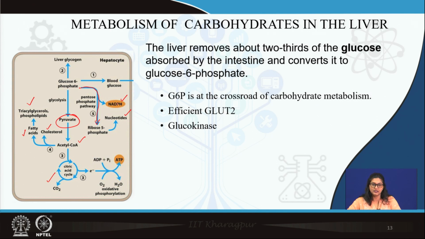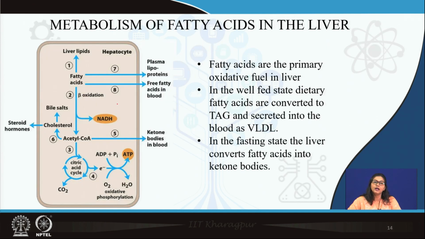or even important for maintaining membrane integrity in RBCs as well. Then, how does liver deal with fatty acids in the body? Remember, the dietary lipid once again comes to liver, forming fatty acid. These fatty acids can form liver lipids.